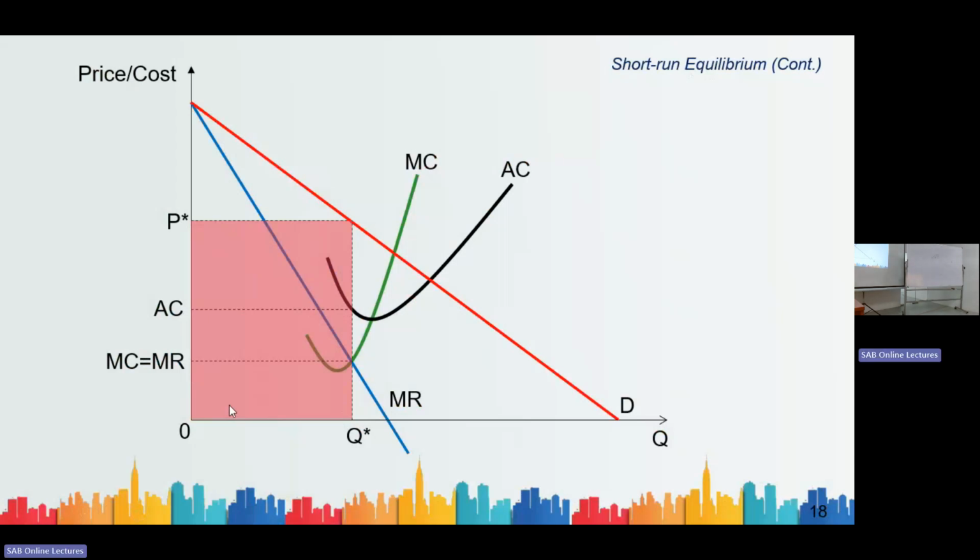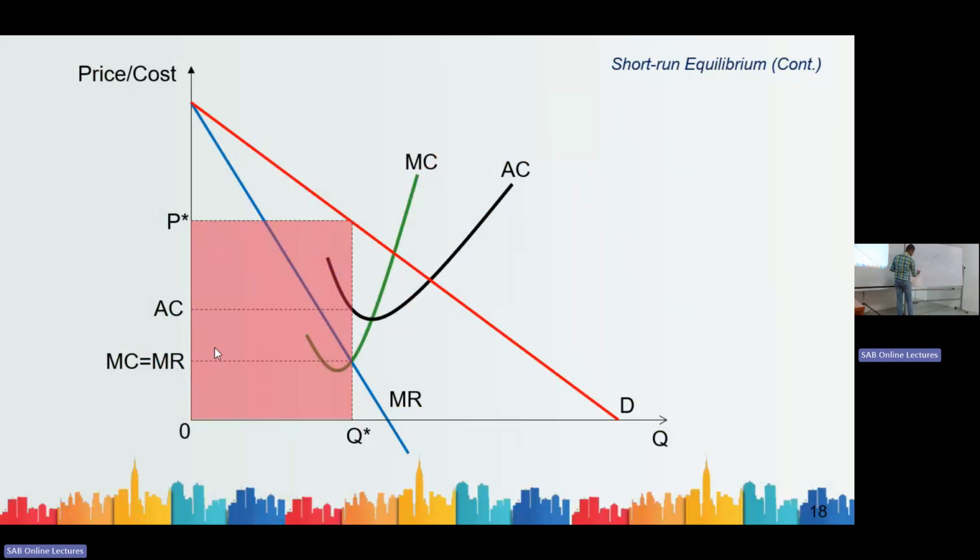Then what is the total cost at profit maximizing output level? In perfect competition, we learned that profit is total revenue minus total cost.